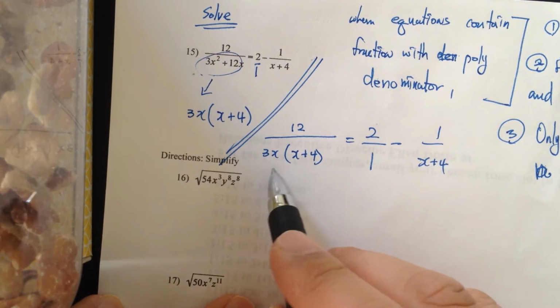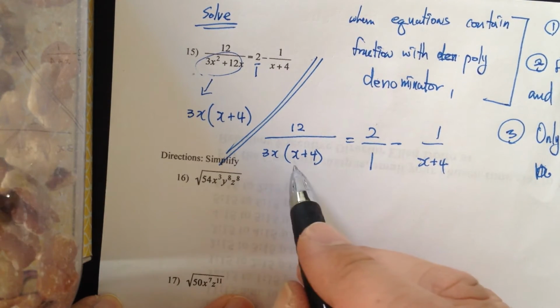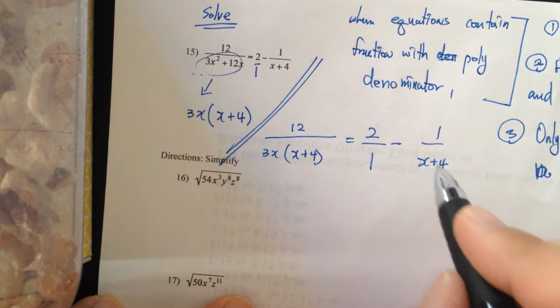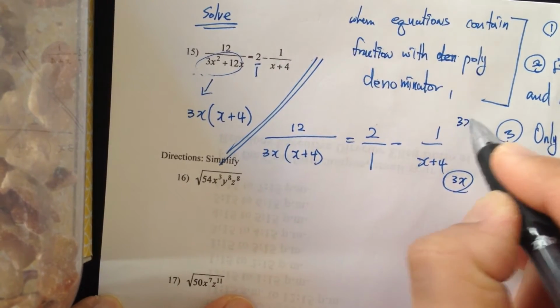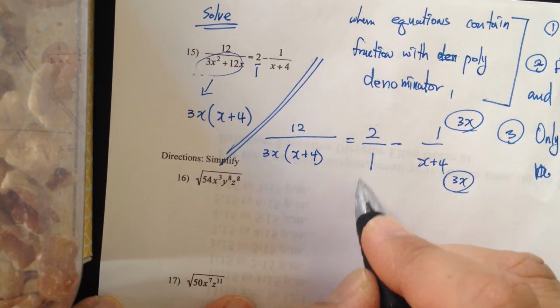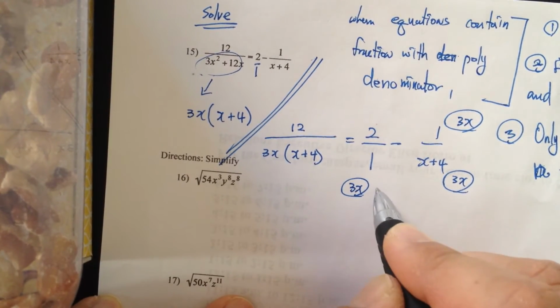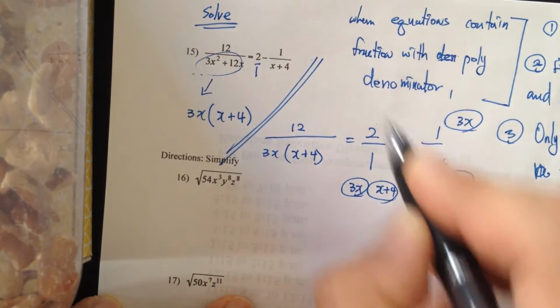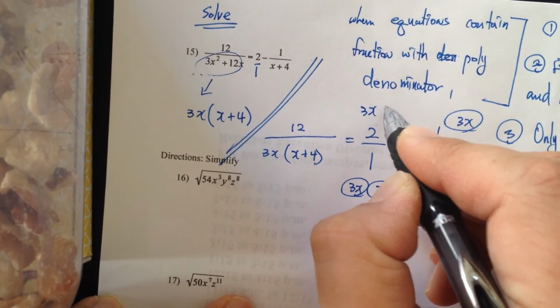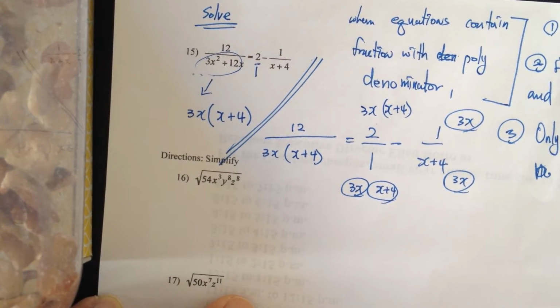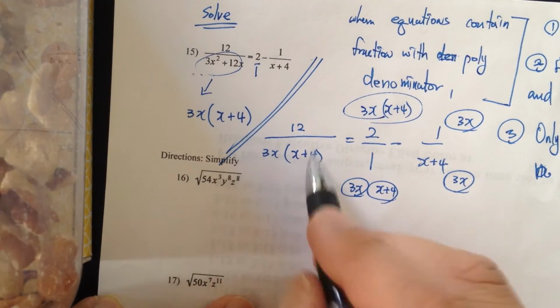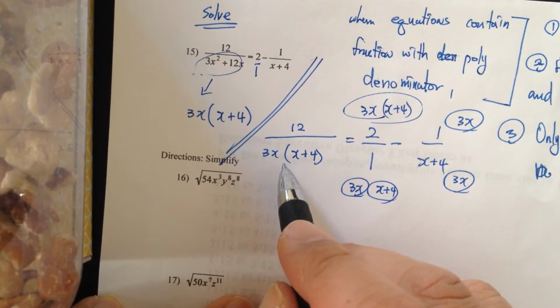So the LCD here will be 3x plus 4. So that means he has to have 3x here. He needs everything, 3x, x plus 4. So therefore, he doesn't really need anything because he himself is the LCD.